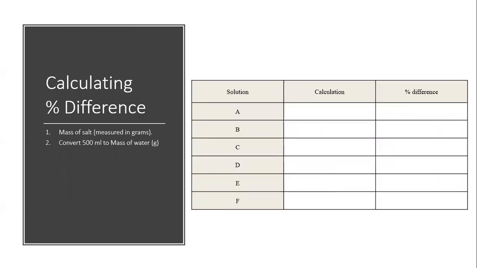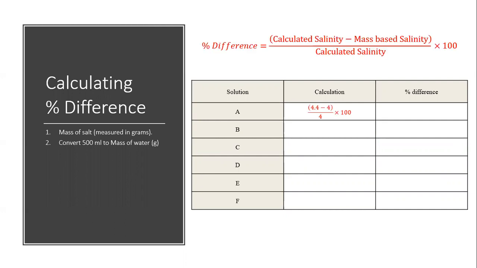Calculating percent difference. Next, we will compare our calculated salinity values from Table 4 to the predicted or mass-based salinity values. To do so, we will calculate the percent difference between the two. The formula for percent difference is calculated salinity minus mass-based salinity, divided by the calculated salinity, times 100, which for solution A equals 9%.